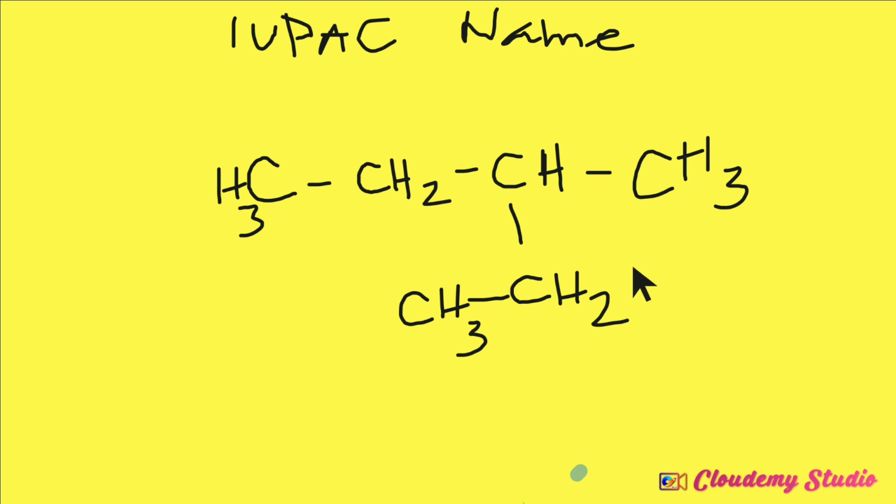we need to name this hydrocarbon. So what are the steps to name this hydrocarbon? First of all, we need to analyze the chain. To name a hydrocarbon or any organic compound, we need to find first which is the main chain.